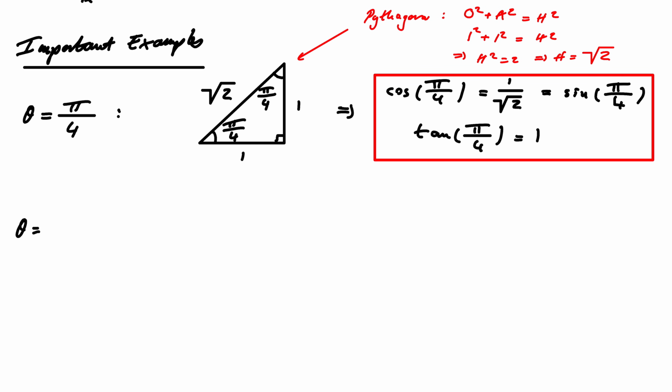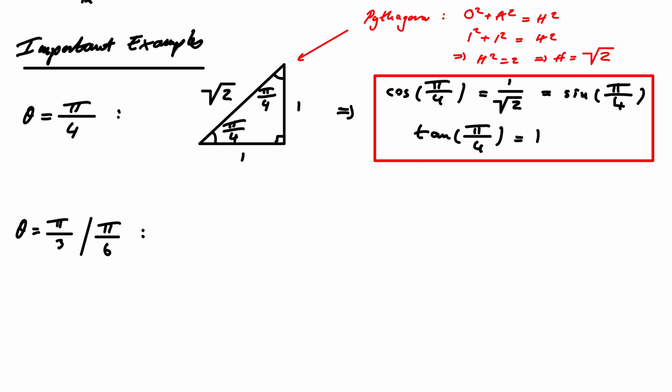So let's do pi over 3, or indeed pi over 6. So can I come up with a nice geometric way of getting these? Well, let's remember, again, the sum of the internal angles of a triangle is pi. So that means if I was to take an equilateral triangle, and here's one I've already done.